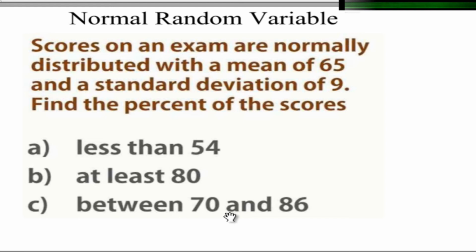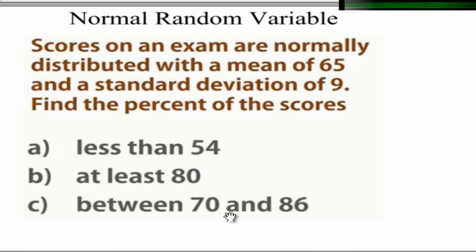After solving this example, you will understand the significance of the table and why it is used so often. So what is the statement? Scores on an exam are normally distributed with a mean of 65 and a standard deviation of 9.